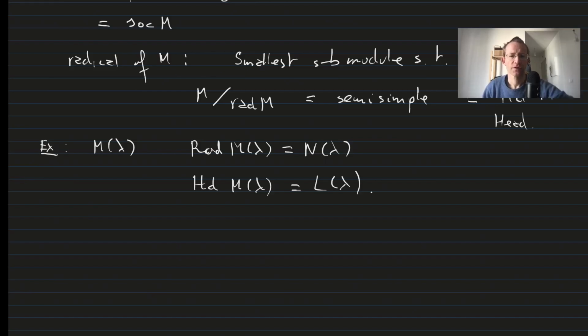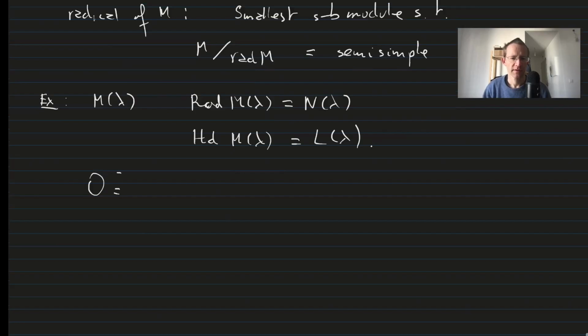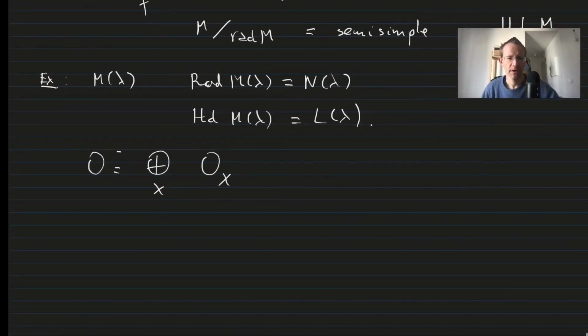So the first structural property of the full category is that it is the direct sum over characters of subcategories associated to those characters.